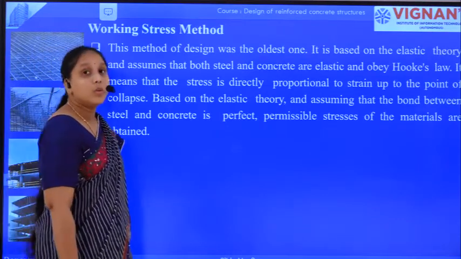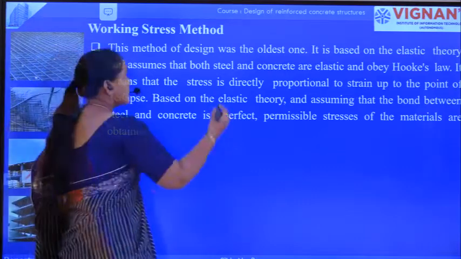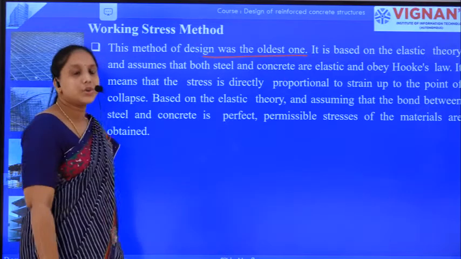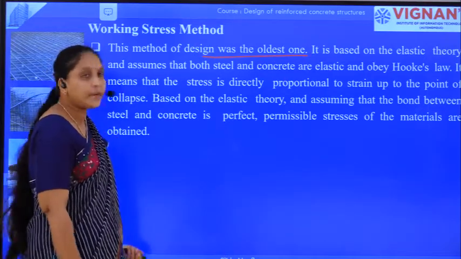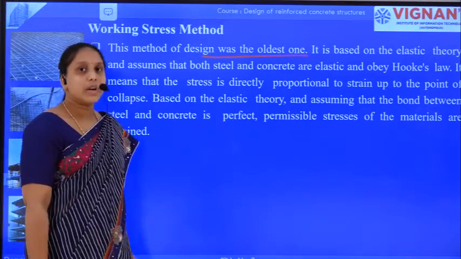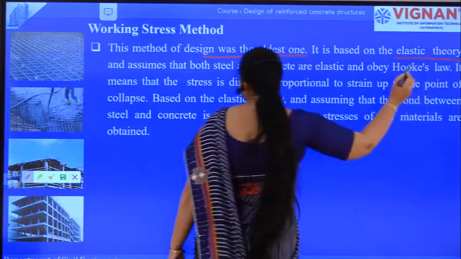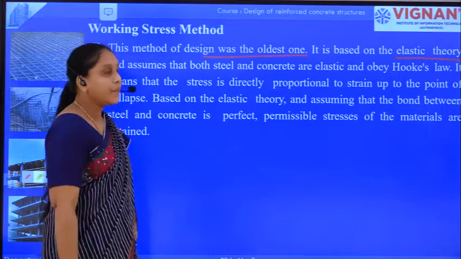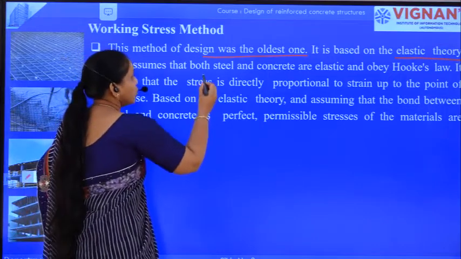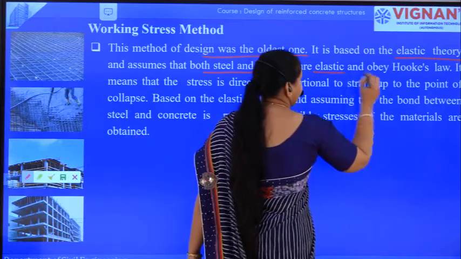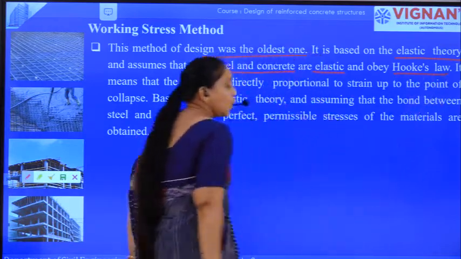So what is the working stress method? It is the oldest method used in the design of RCC structures, and this working stress method is based on the elastic theory. It assumes that both the steel and concrete are elastic and they obey Hooke's law.